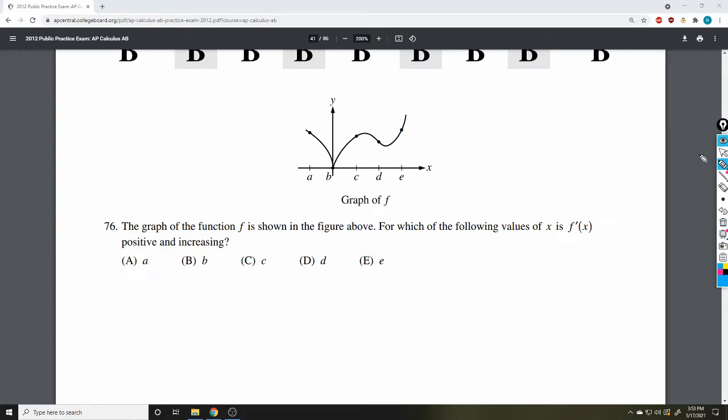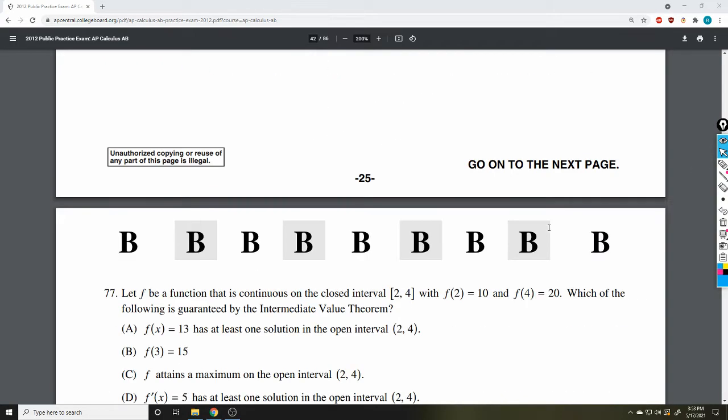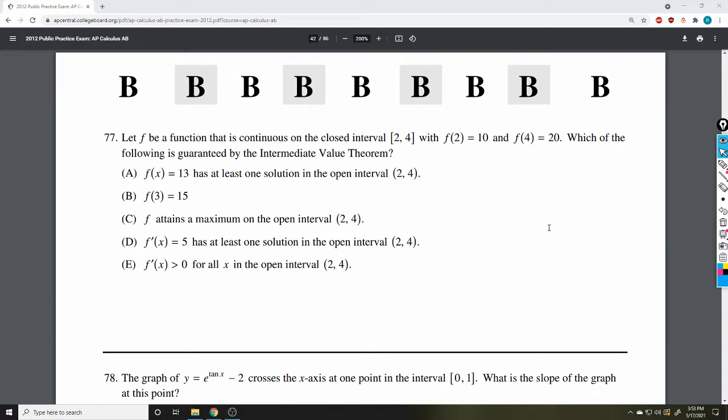Next. Which of the following is guaranteed by the intermediate value theorem?